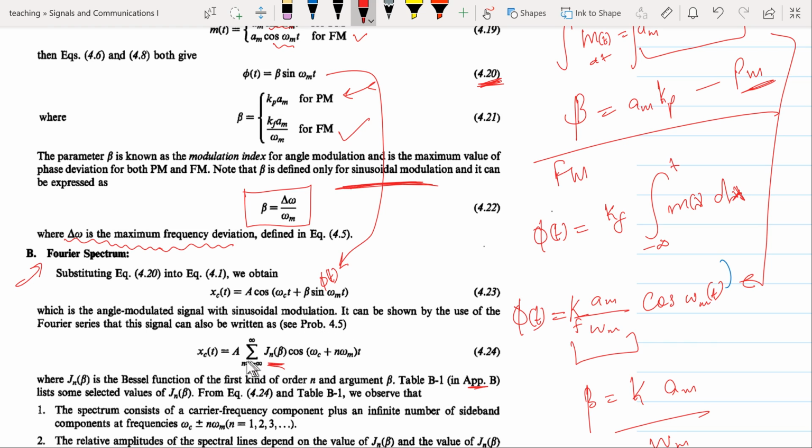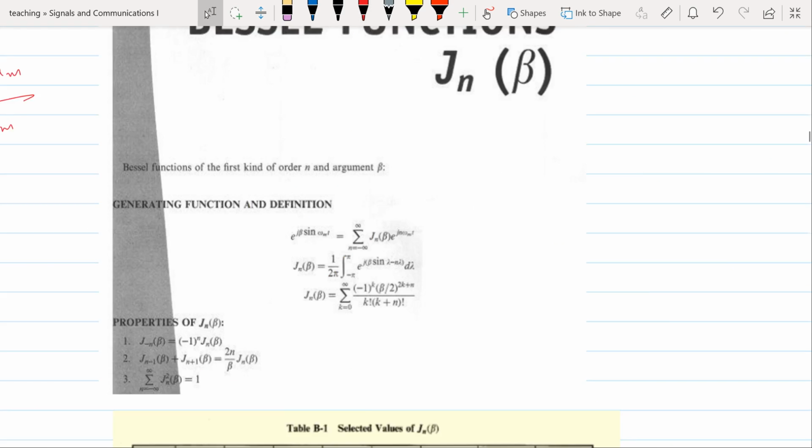Simply, our function x of t is a function of the Bessel function of the first kind of order n with argument beta. And there are some notable observations that we can capture from this equation.